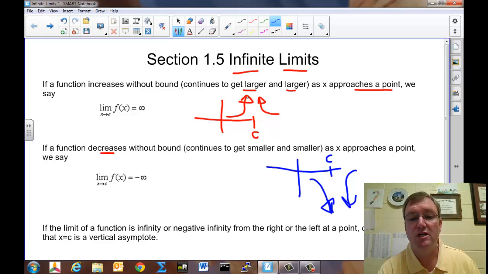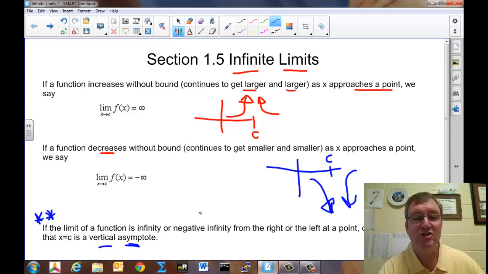So if the function is getting larger and larger, we say that the limit is positive infinity. If the function is getting smaller and smaller, we say that it's negative infinity. And now notice that in both cases, we do have a point that we're approaching. We're approaching a specific number C. So that's the scenario that we'll be dealing with in this lecture here. A very important thing for you to remember is that limits of infinity or negative infinity lead to vertical asymptotes.